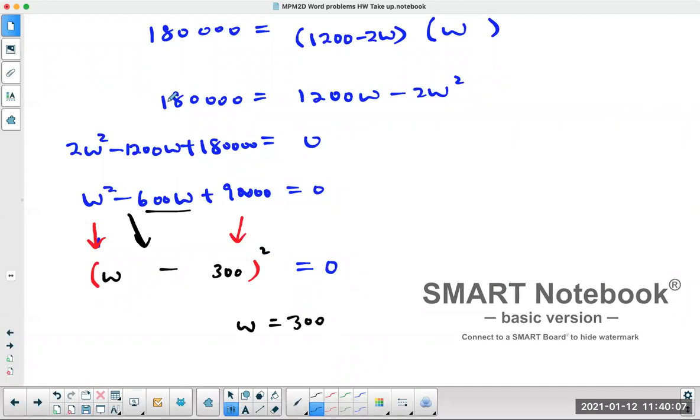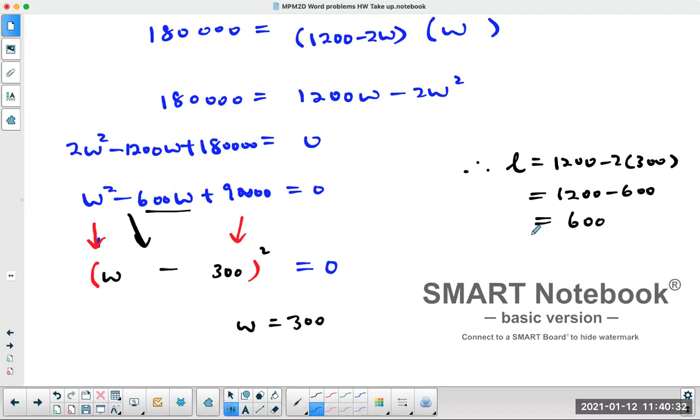So to get 180,000 square meters of area, the width has to be 300 meters for this particular construction site. Therefore, the length is going to be 1,200 minus 2 times 300, which is 1,200 minus 600, equal to 600.